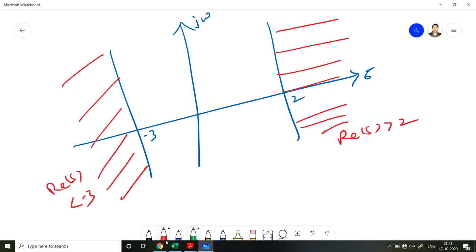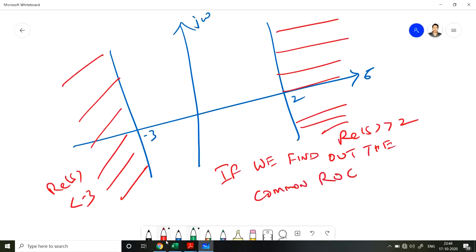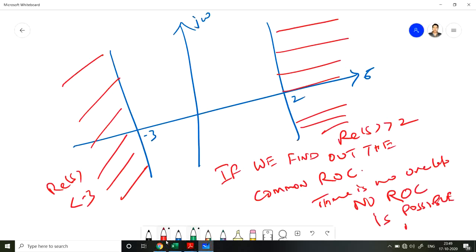But the problem is that if we find the common ROC, then we can say that there is no overlap. So no ROC is possible for X(s).